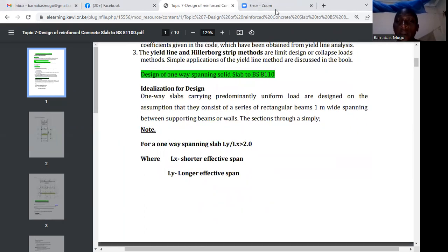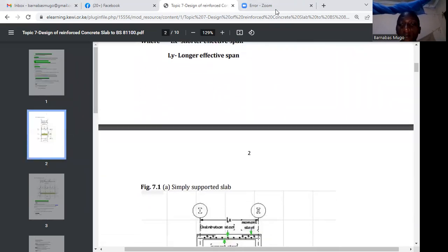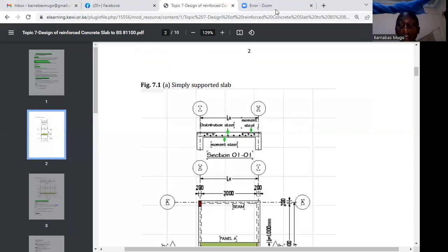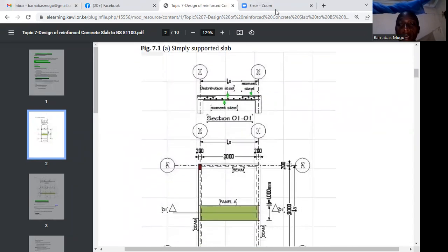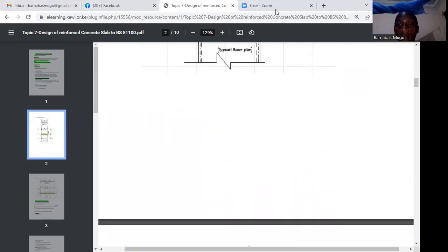So if you divide Ly by Lx, you are supposed to get an answer greater than 2.0, so that our slab can be a one-way slab. Otherwise, if it is less than or equal to 2.0, then that is a two-way slab. So Lx is the shorter effective span, as you can see, and Ly is the longer effective span, as we are going to see. We are going to look at this in detail when we come to class.